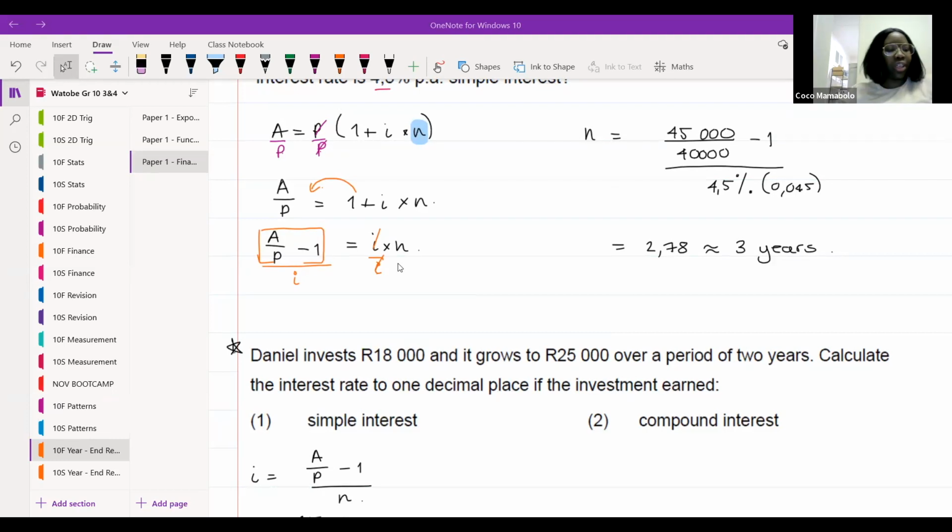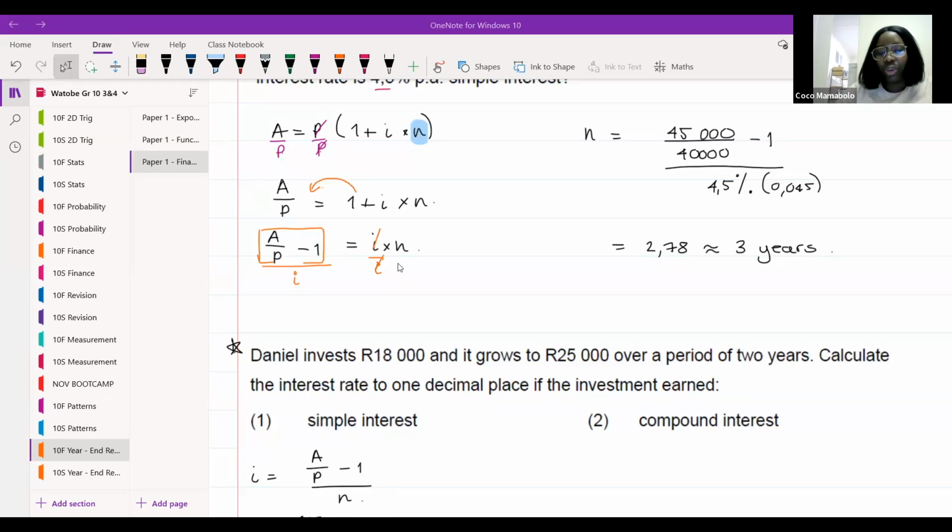Oh, okay, interesting. So when you do it the way that we've done it here, where we've put 45,000 over 40,000, I just want to see. If I do 45,000 over 40,000 minus 1 at the top, divided by 0,045, I still get 2.8.